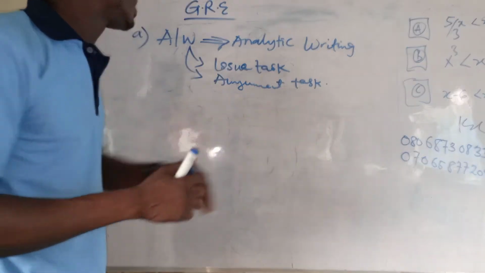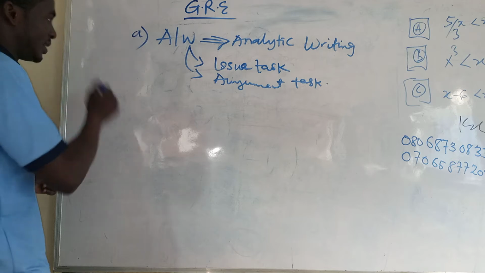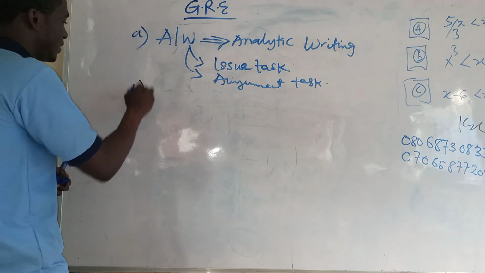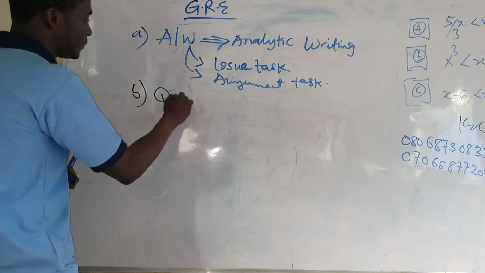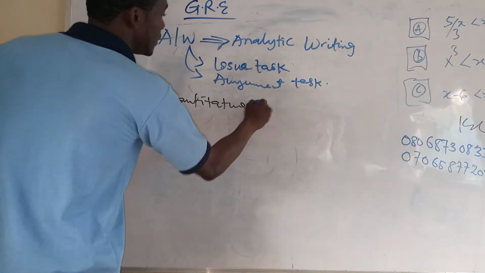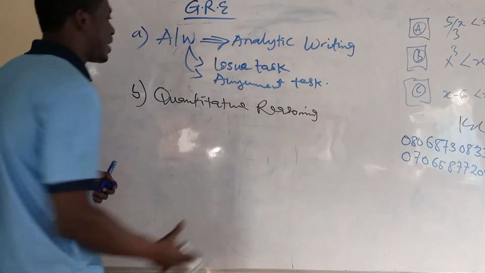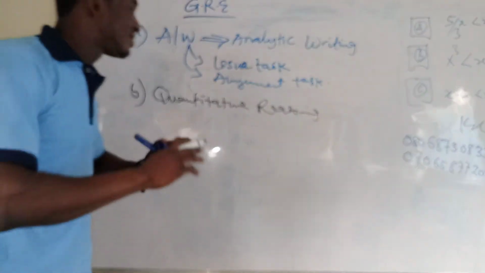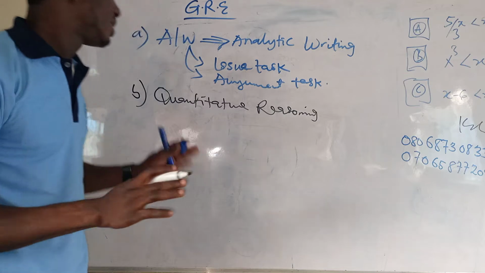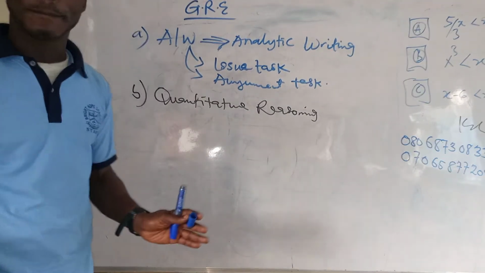That's the analytical writing aspect. The second aspect of the GRE examination is quantitative reasoning. This is my area of expertise. This is purely mathematics. It is mathematical in nature and it's also divided into four.